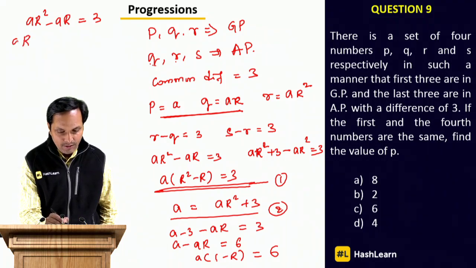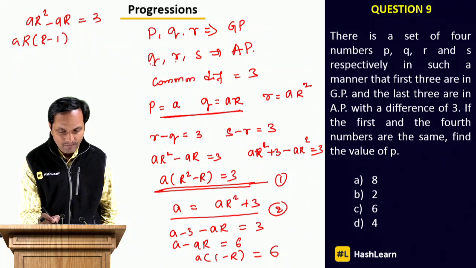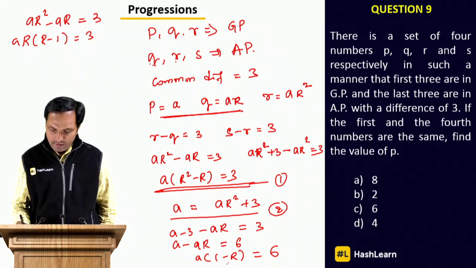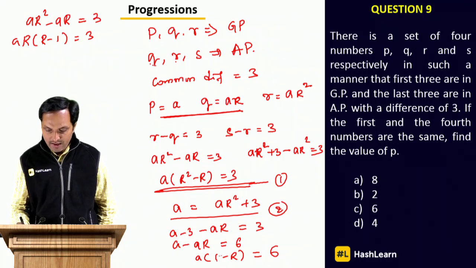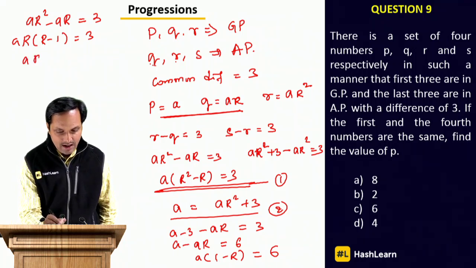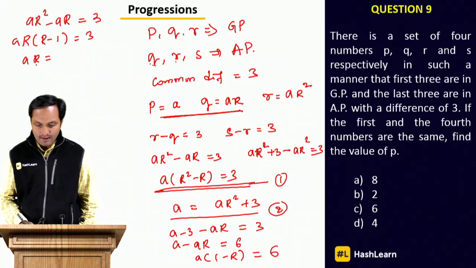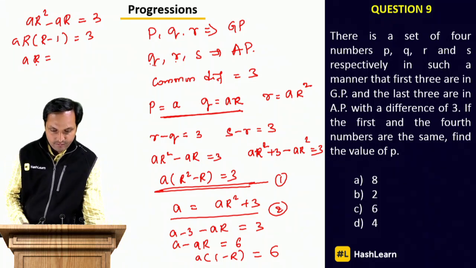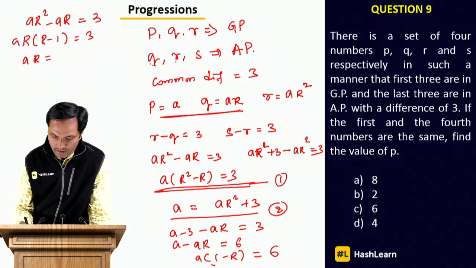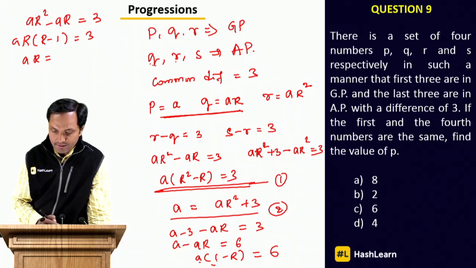If I take a outside, that is ar(r - 1) = 3. And a into (1 - r) is equal to 6.